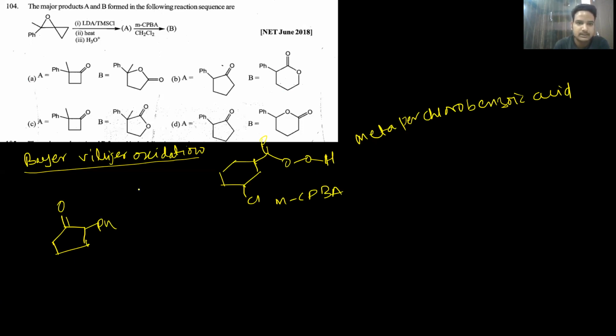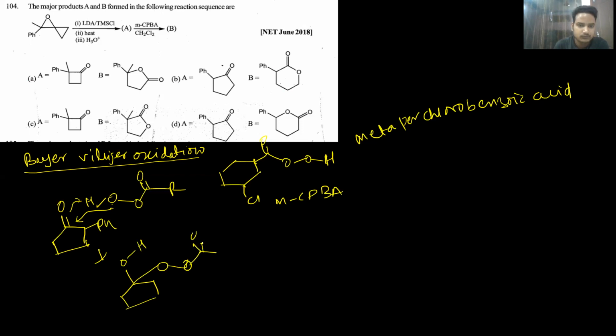I am considering this as R. Now this bond can migrate from here, and this bond is going to attack here. So we end up with this compound.